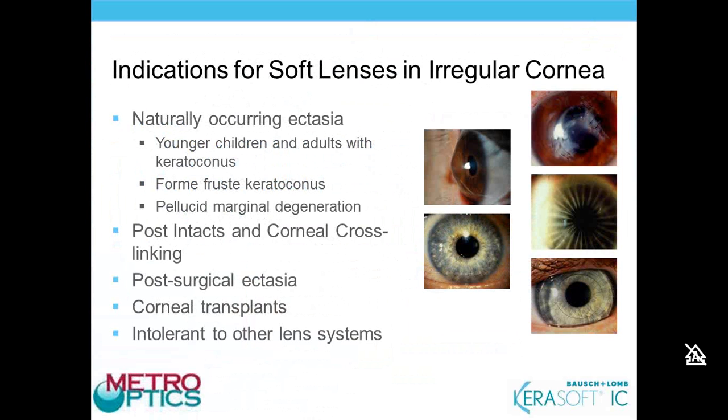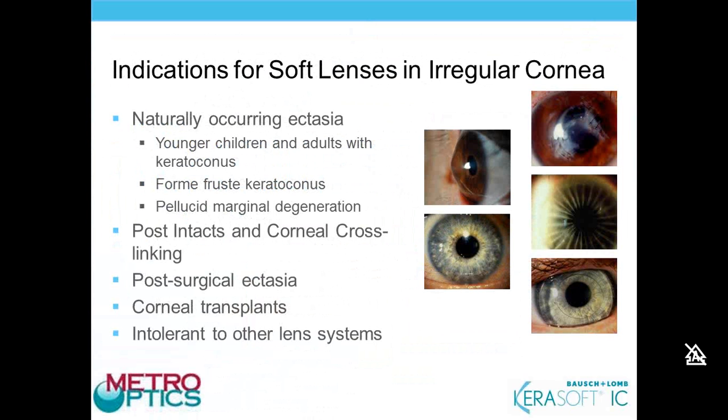Corneal transplants can be really tricky to fit because they're unpredictable. You don't have a predictable curvature of the cornea, and so that can make corneal lens fitting in particular very challenging, with a lot of instability and sometimes harsh bearing on that graft-host junction. And lastly, the really important feature of this lens for irregular corneas is it's a comfortable lens.